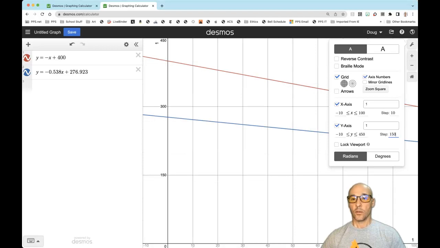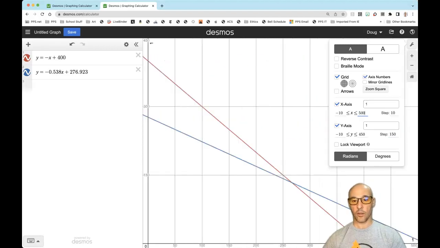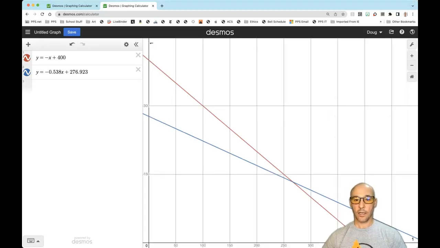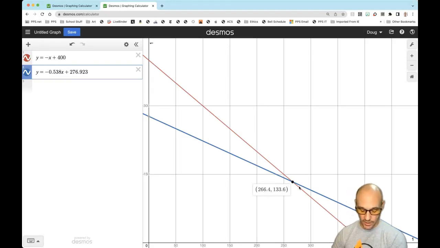That's fine. Notice that I'm going to need to go farther to the right because I'm not seeing these things at all. 100 doesn't look far enough, maybe 500. Oh, there we go. Now I can see my axes here, and that's nice. I can then look at the point of intersection right there, 266.4 and 133.6.